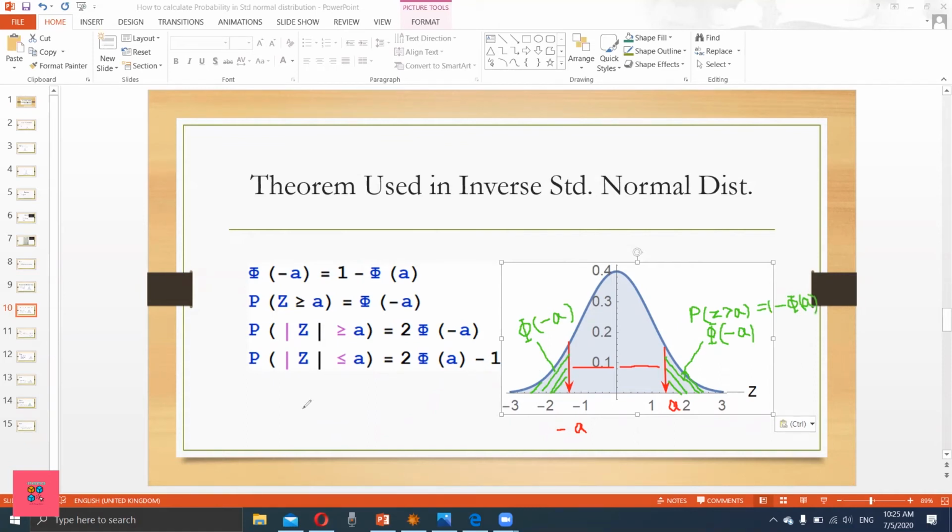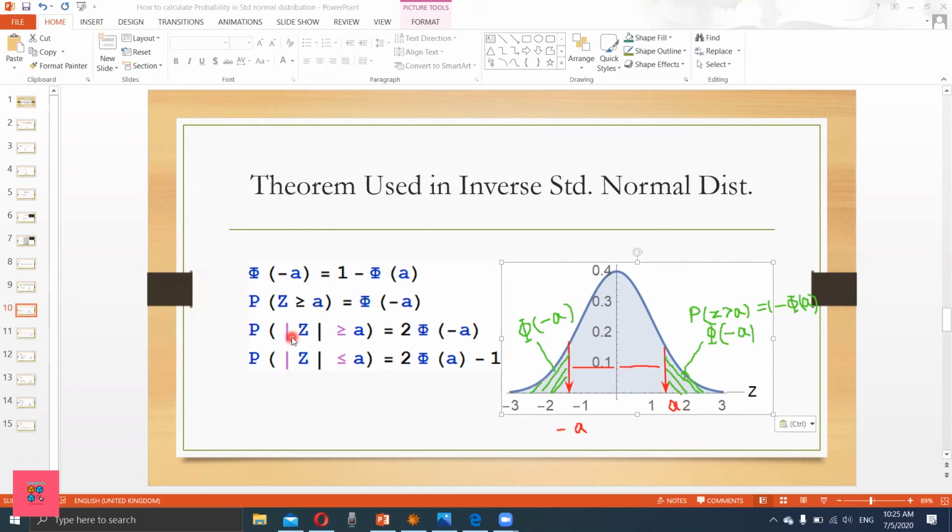And third is probability modulus z greater than a, which is 2 phi of minus a. We know that the probability greater than this point is phi of minus a, and modulus z shows that the area on the right tail and the area on the left tail are both included.